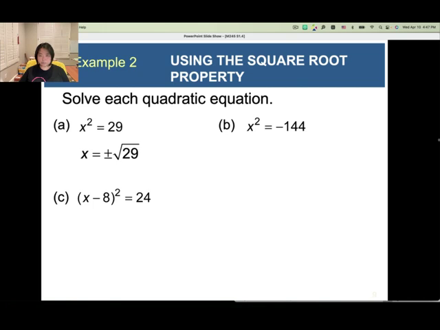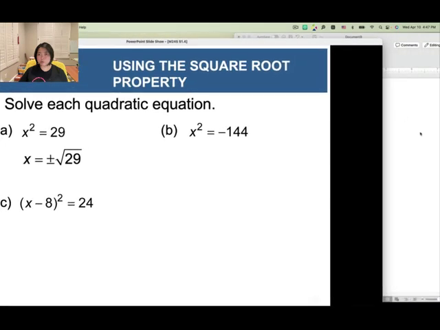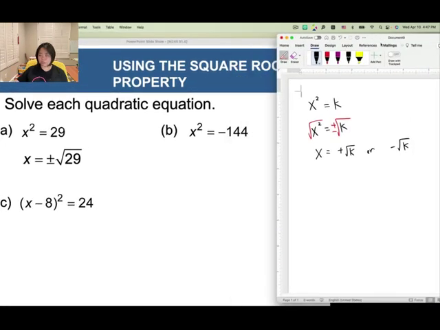For part B, we can have complex numbers for this kind of question. When you take the square root of both sides, first add plus minus, and then remember what is the square root of -144. Let me do it here. x squared equal to negative 144.